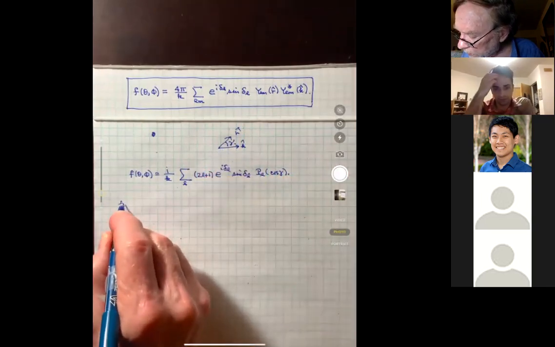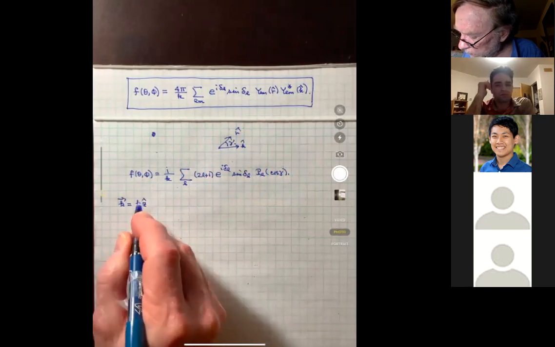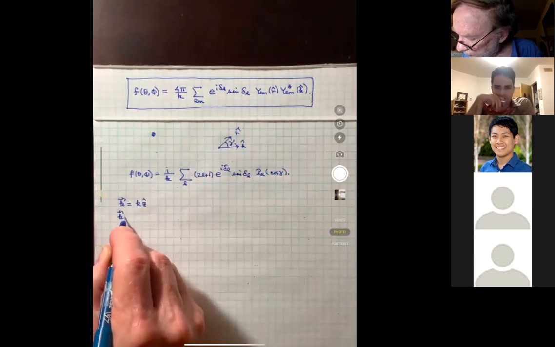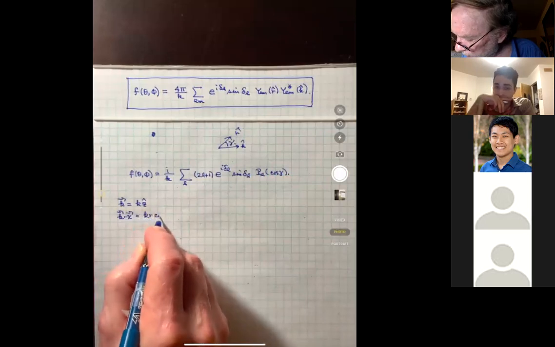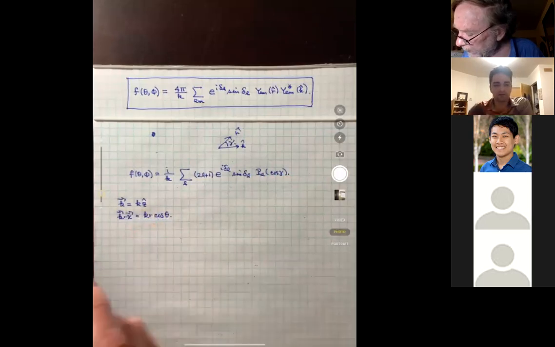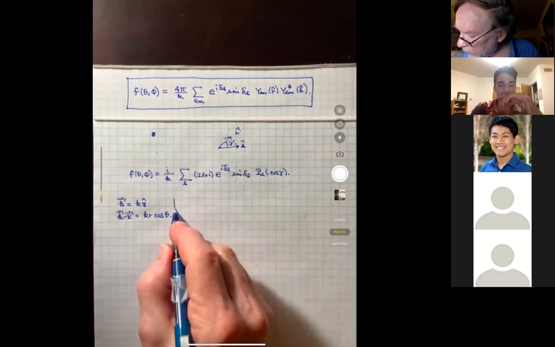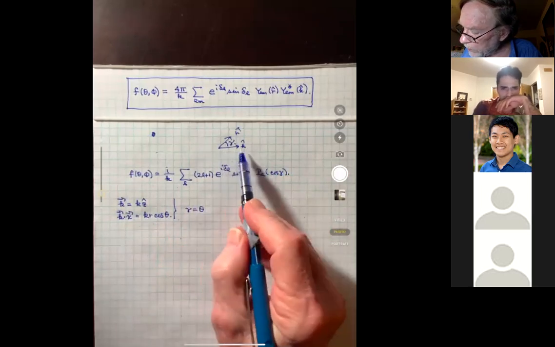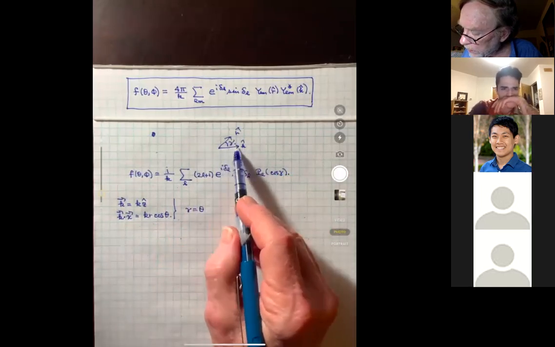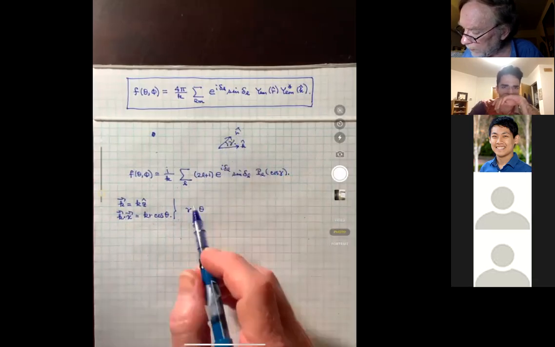Another special case is to let K be equal to the magnitude of K times Z hat, which says that K dotted into X is the same thing as KR cosine theta. Now, in that case, this implies that gamma is just equal to the angle theta, because the K direction becomes the Z hat direction, and the angle with R hat is just the usual spherical angle theta.